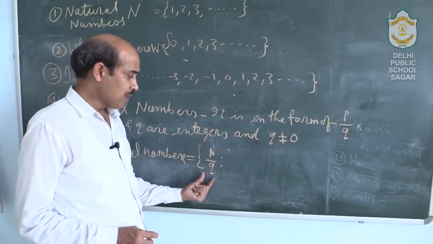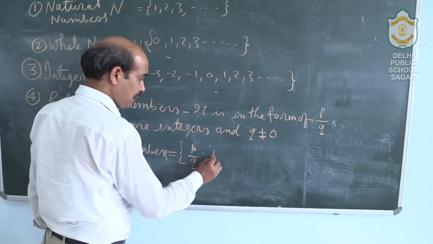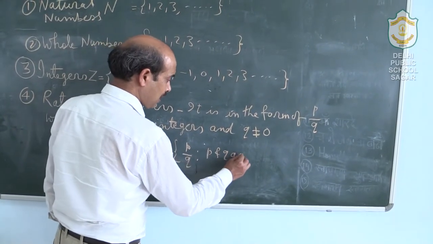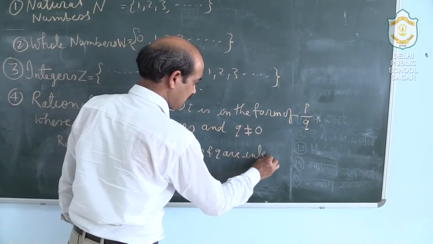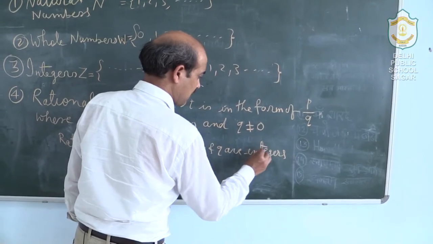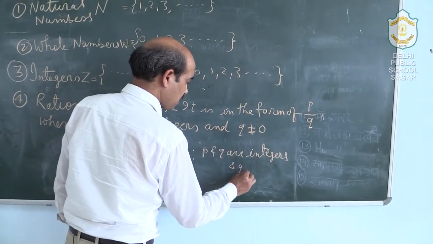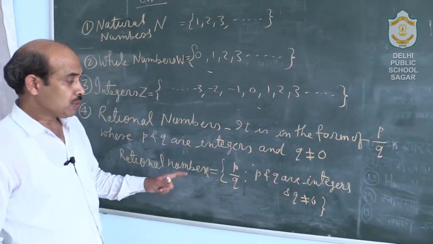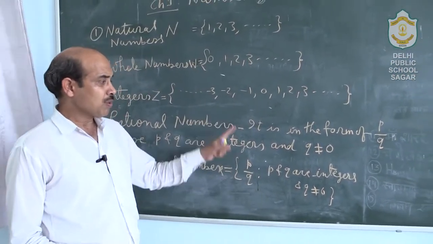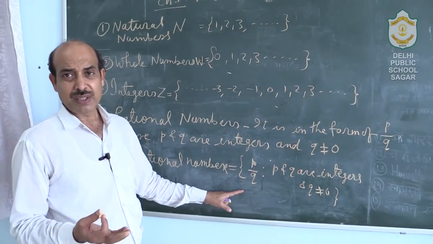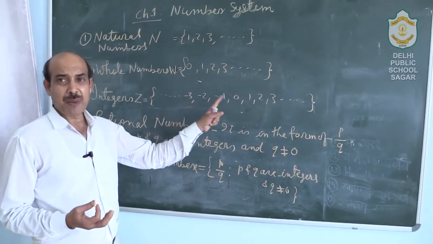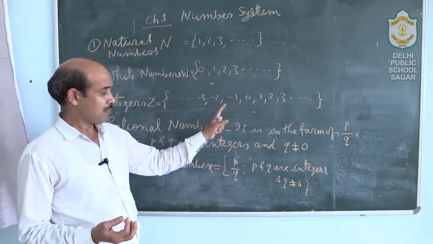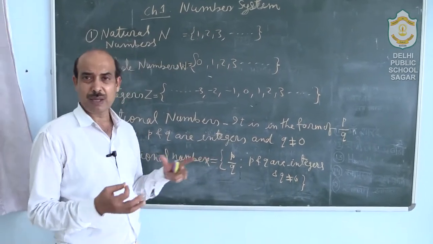This is the form of the number P upon Q, P and Q are integers and Q should not be 0. So the difference between both representations is that there the numbers are separated. We can put the comma between them, but here these numbers are not separated.